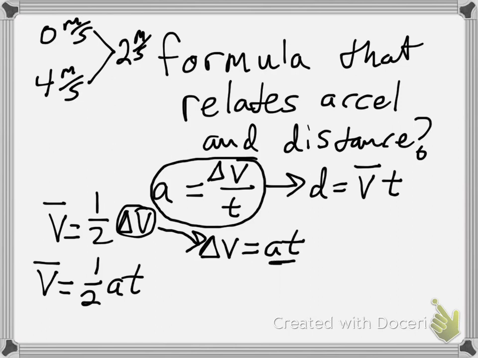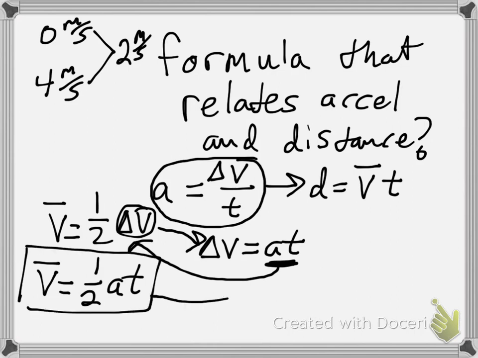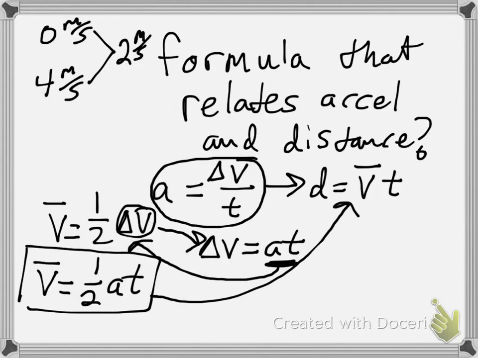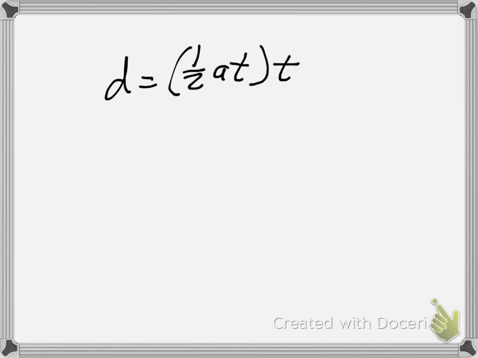I'm just taking these values and plugging them in here because our delta v's are equal. And now I can plug this expression into this expression, and when I do so, I'm going to get d is equal to 1/2 at times t. So my average velocity is 1/2 at, and it's multiplied by another t.